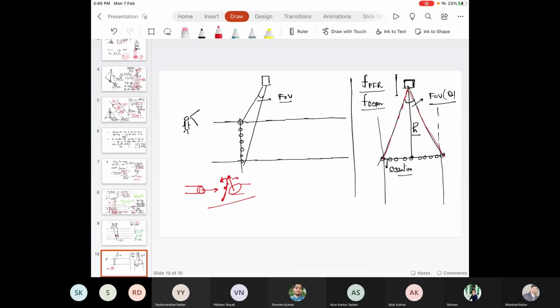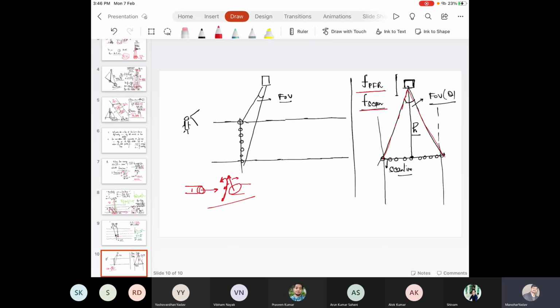The number of rotations completed by the mirror in 1 second is called the scan frequency. It is represented by F scan. F scan is the property of the rotating optics, while F PFR is a property of this.